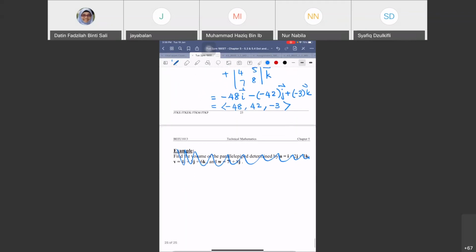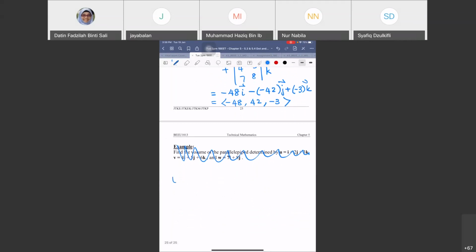So finally, what we want is U dot with V cross W. Our U is actually our vector 1, 2, 3. Now dot with our vector V cross W just now, minus 48, 42, and minus 3.